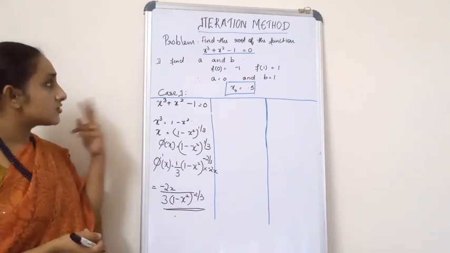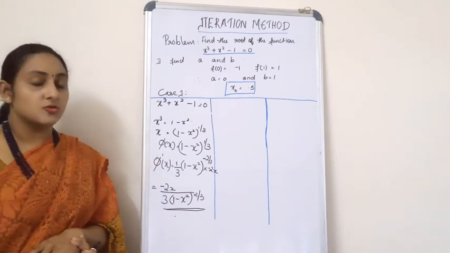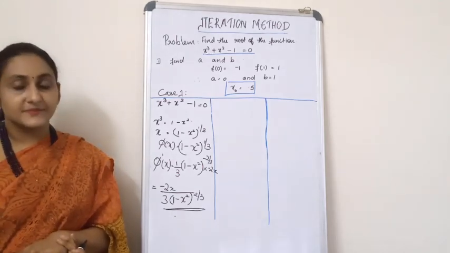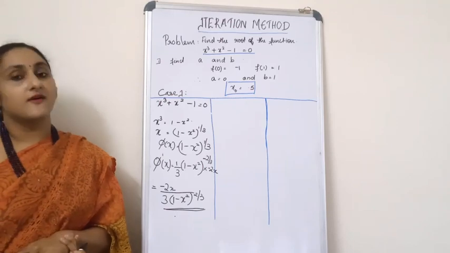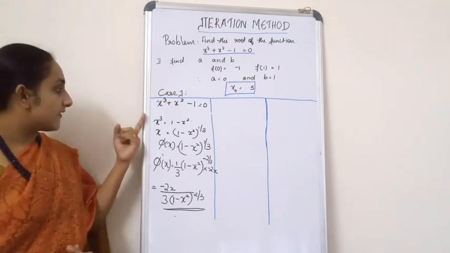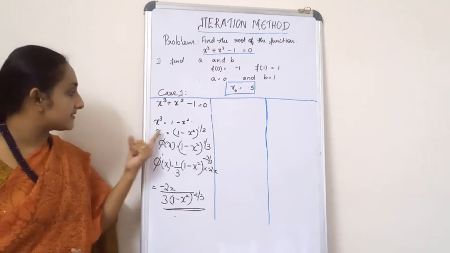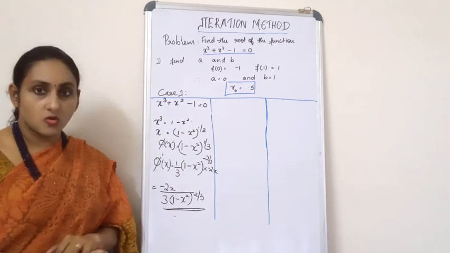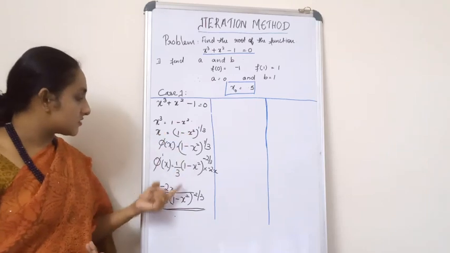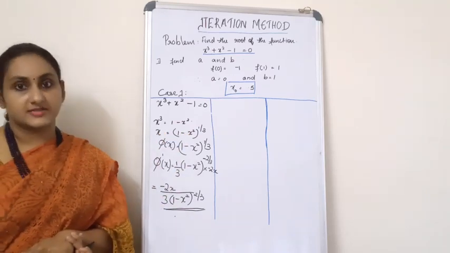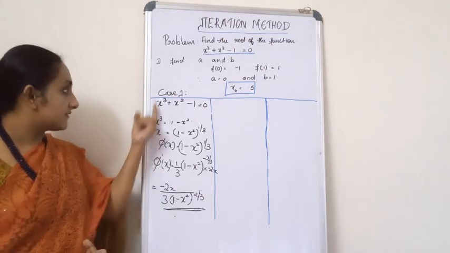So there are two more ways, and we will have to check what they are. The first case was expressing x as 1 minus x square raised to 1 by 3. Starting from here, I came down to here, and I also found the derivative, phi dash of x, for case 1.